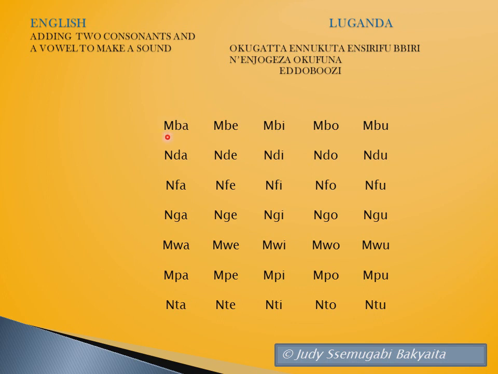In Luganda we call this letter ma. Ma plus ba plus a, we get mba. Mba. Two consonants plus a vowel. Mba, mbe, mbi, mbo, mbu.